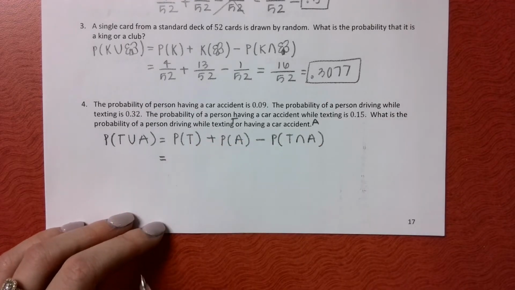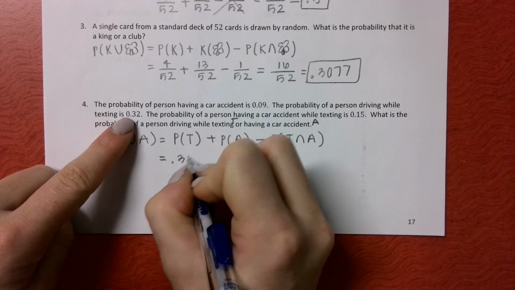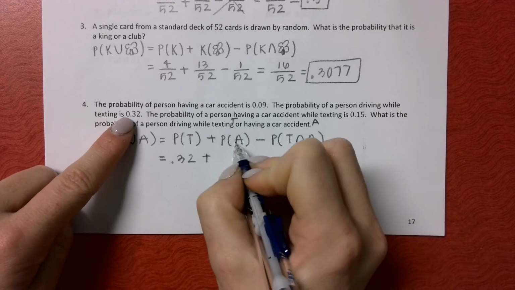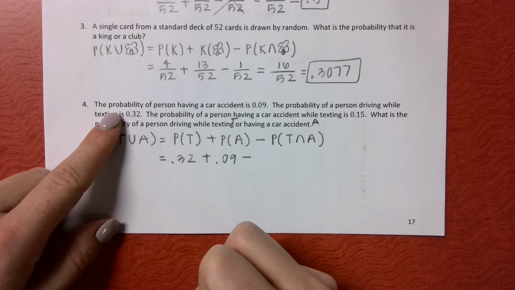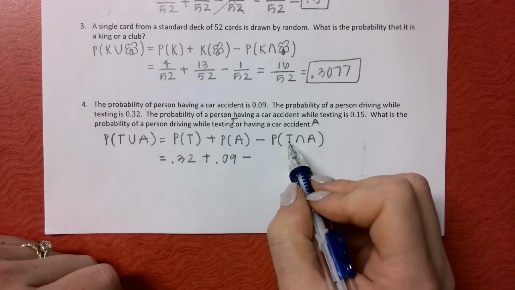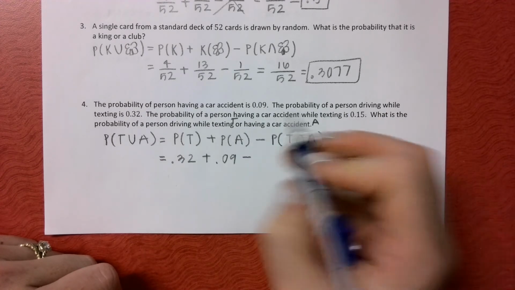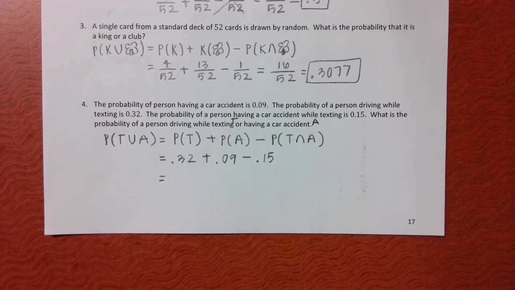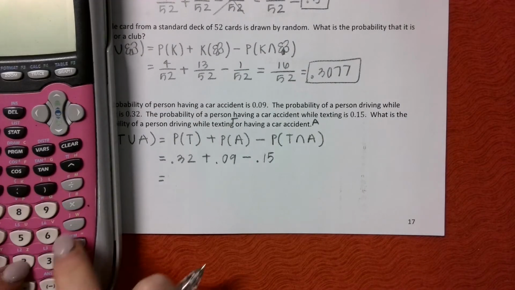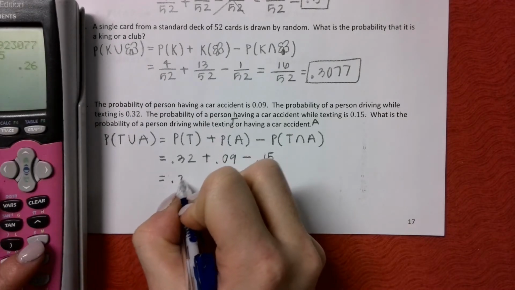So the probability of somebody texting while driving, they give me, is 0.32, plus the probability that someone has an accident is 0.09, and the probability that they text and have an accident, so have a car accident while texting, is 0.15. So we get 0.26.